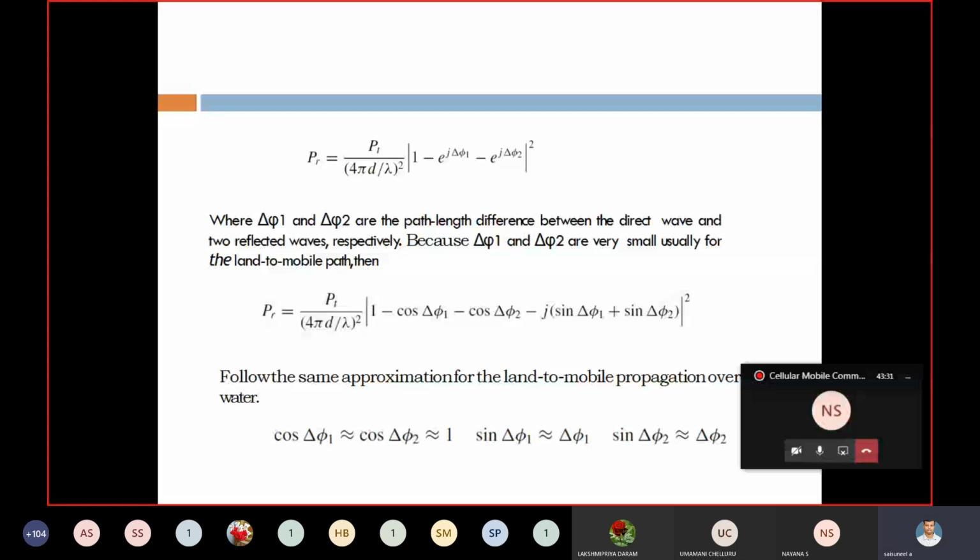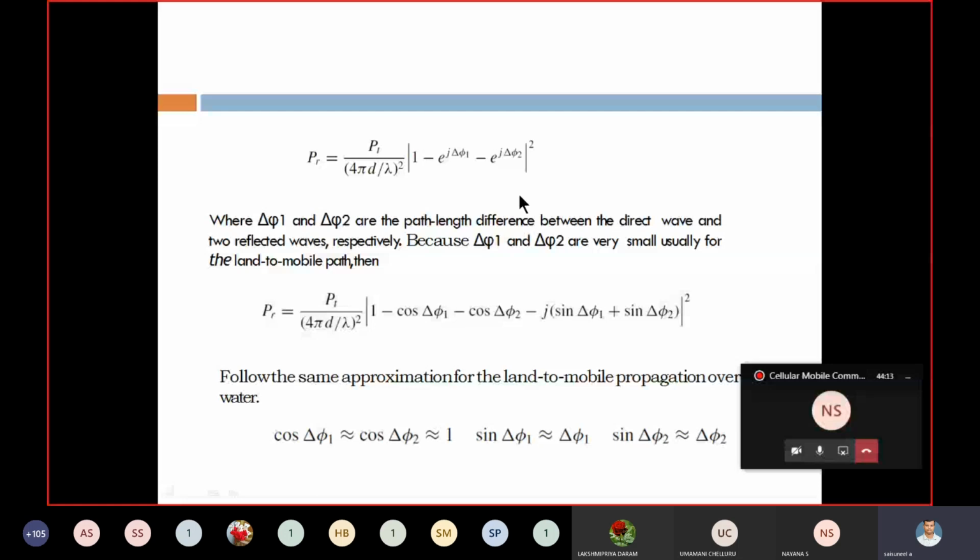Right. See this equation. Here we take AV equal to minus 1, then automatically we get 1 minus e power j delta phi 1 minus e power j delta phi 2. Now we have to simplify this equation. Substitute e power j delta phi 1 equal to cos plus j sin, and finally we get this equation.